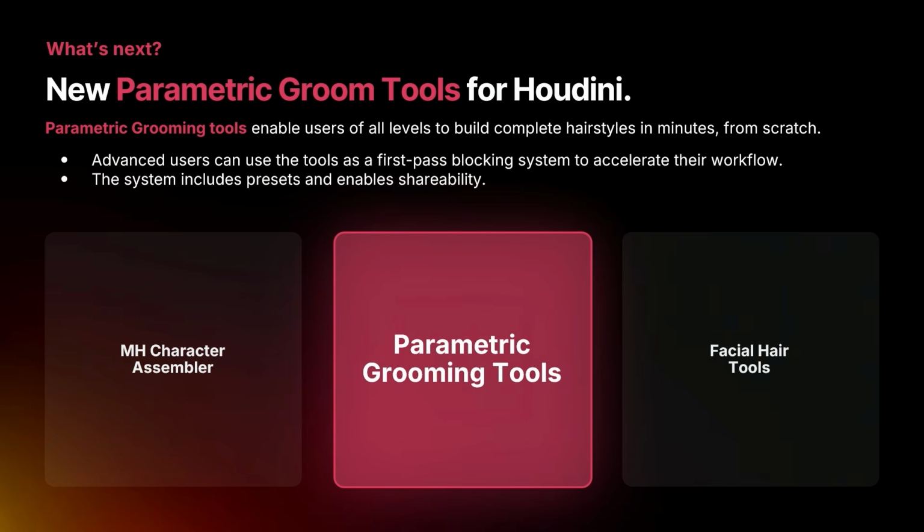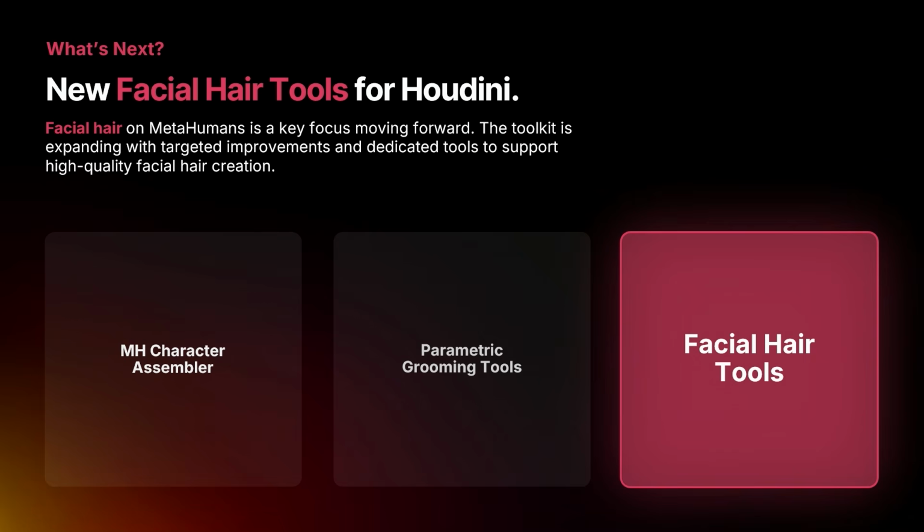We're also introducing a new set of parametric grooming tools built to help users generate complete hairstyles quickly and from scratch. These tools rely on pre-generated guide data, letting artists produce clean base grooms in minutes. They're ideal for rapid iterations, especially during early development.